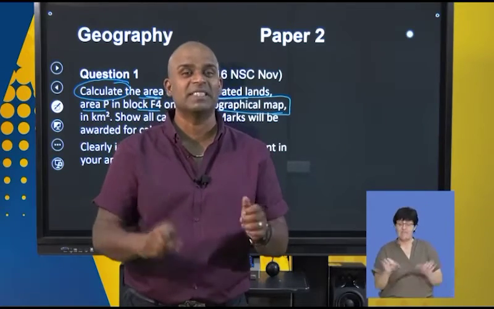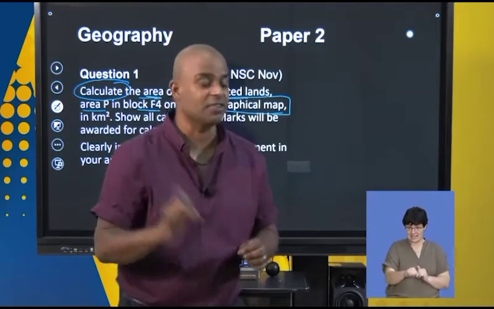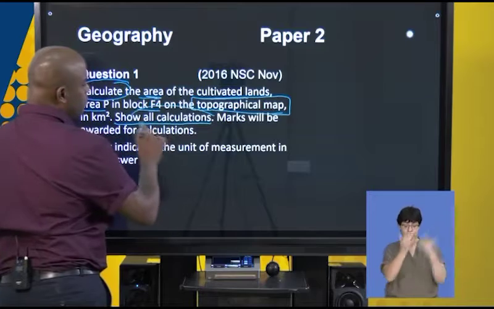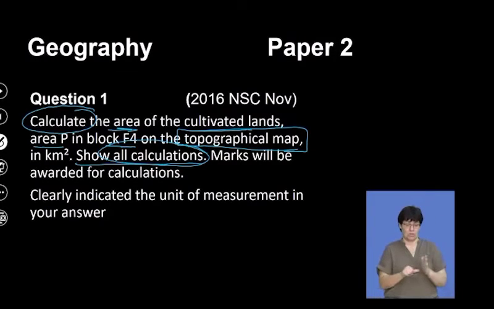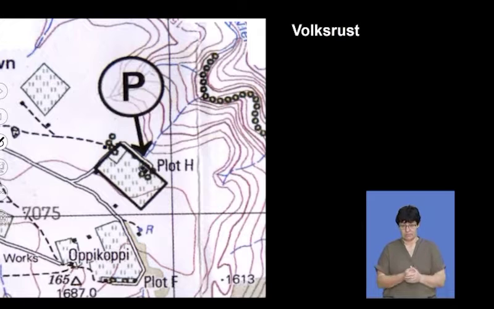If your measurements are in meters, it's 500. So, show all calculations. Very important, in geography we allocate marks for every step of the calculations. Marks will be awarded for calculations. And most importantly, you must indicate your unit of measurement in your final answer.